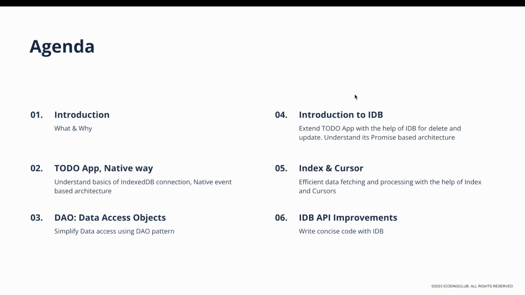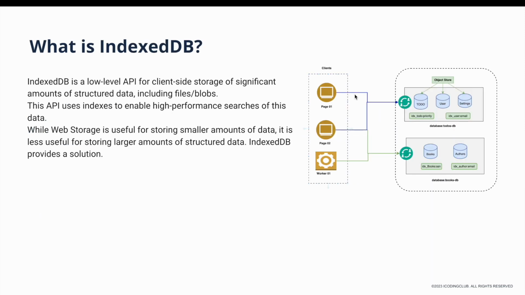Let's start with what is IndexedDB. IndexedDB is nothing but a low-level API for client-side storage of a significant amount of data, and this point is important. Unlike local storage and session storage, IndexedDB can store a lot of data, a really lot of data. It's in GBs, depending on which browser you use.